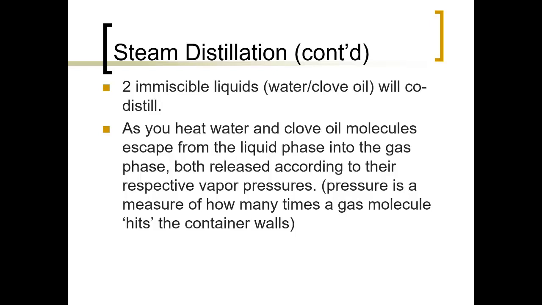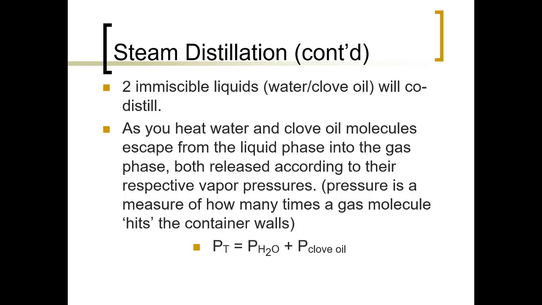The amount of water that we have allows your liquid to come over easier, because we're going to get to the vapor pressure that allows water to come over, and the water is going to drag the clove oil over with it. And so once it hits the condenser, it will condense over.